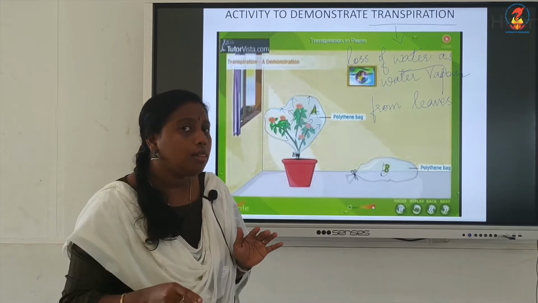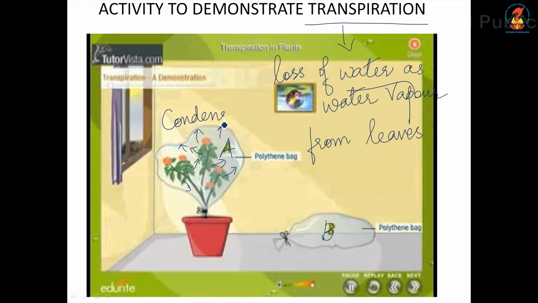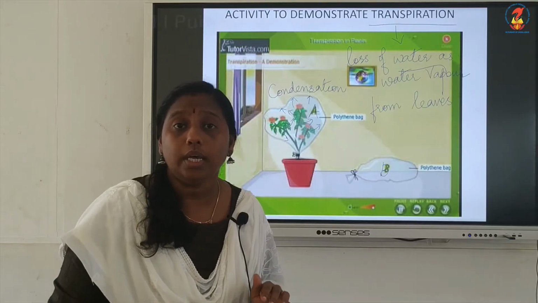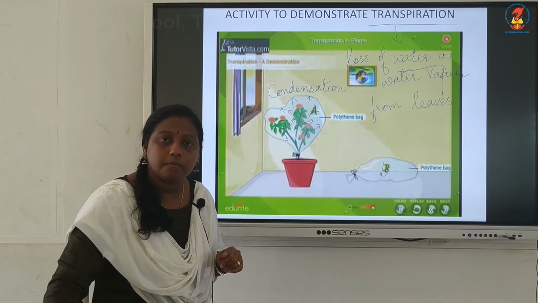You call this process condensation. You might have studied this, isn't it? So, what is condensation? The conversion of water vapor to water by the process of cooling is called condensation. So, actually condensation will happen here.